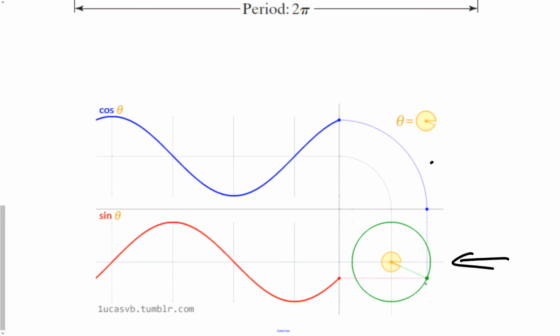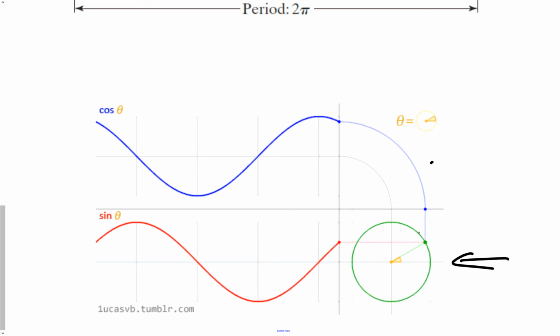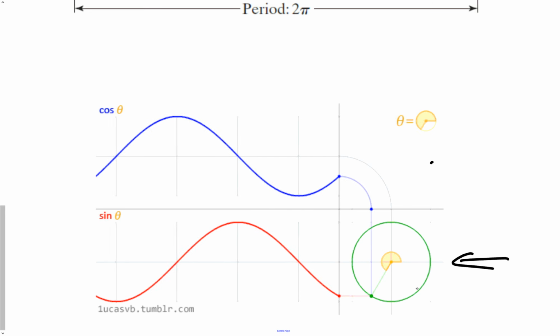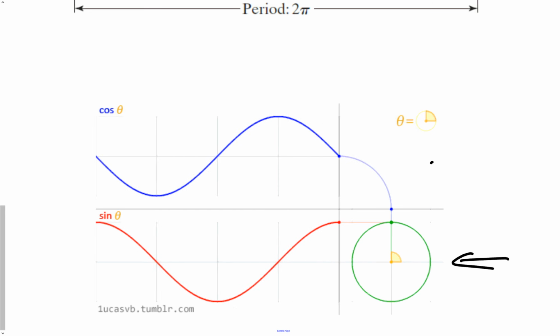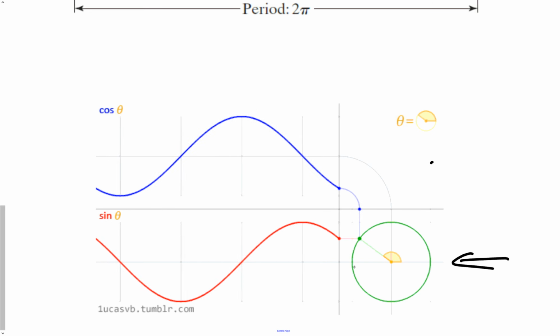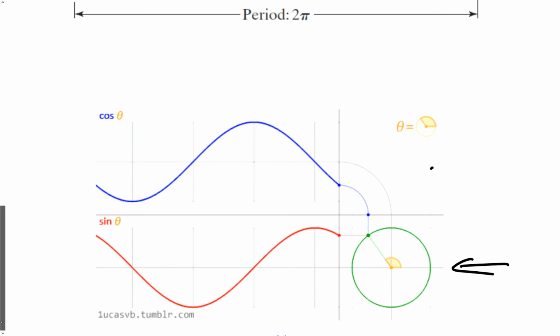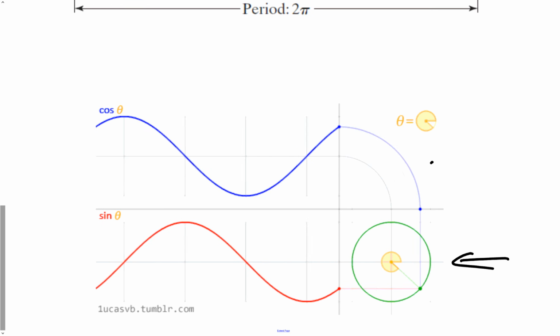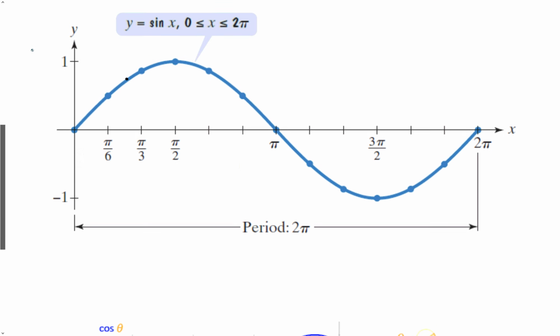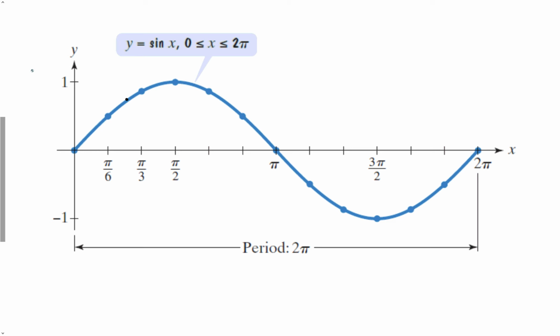But you can see as the angle goes around, as theta gets bigger and bigger, the value of y is plotted in an xy coordinate plane. It's kind of hypnotizing if you stare at it for a while. We're plotting the y coordinate of the value at these particular angles. And we get a graph that looks like this.